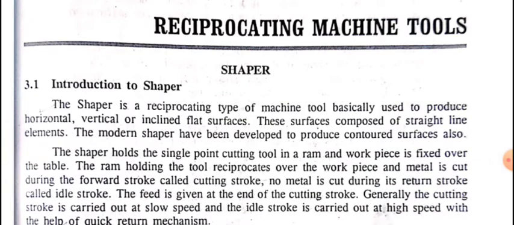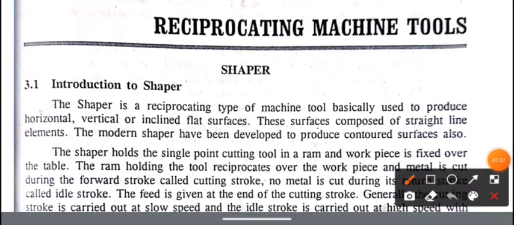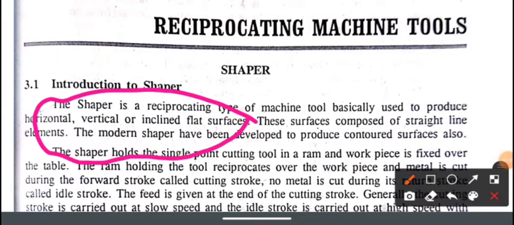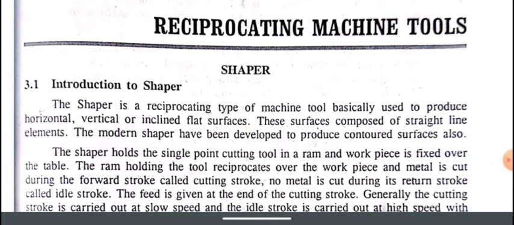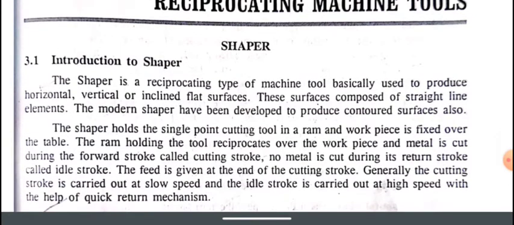That means the shaper is a machine tool used to produce horizontal, vertical or inclined flat surfaces. Please concentrate here, this is very important: horizontal, vertical or inclined flat surfaces. The shaper holds a single point cutting tool.